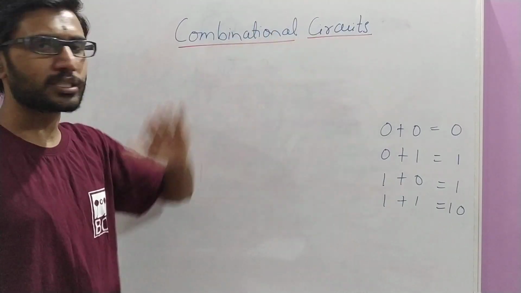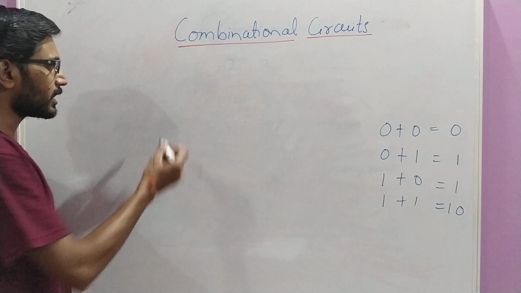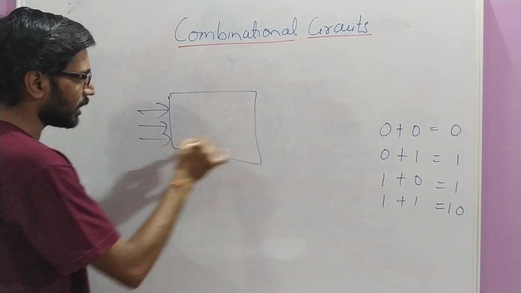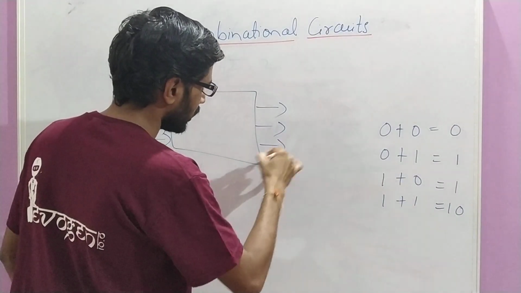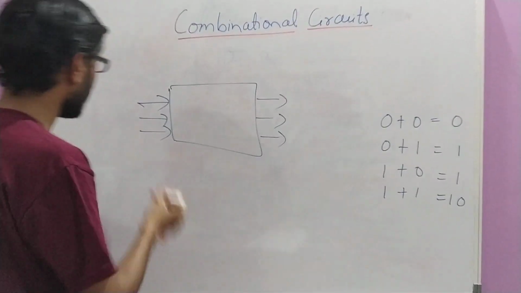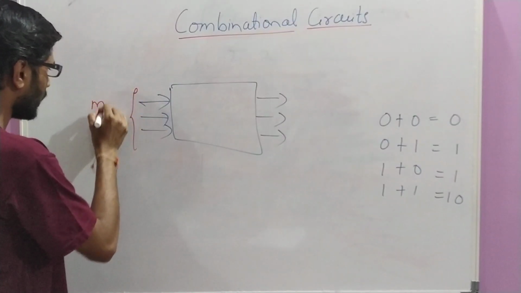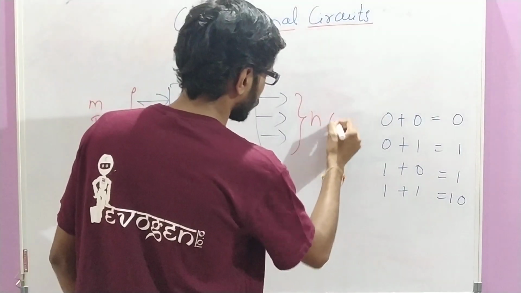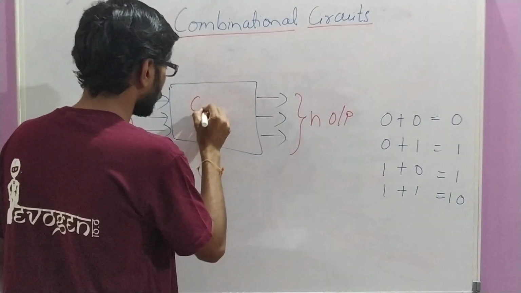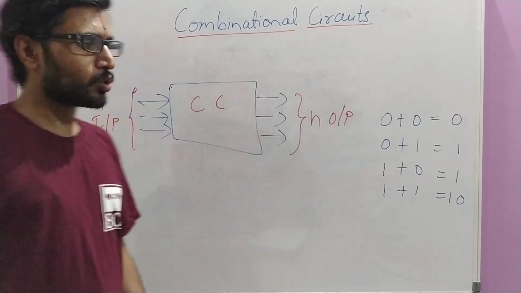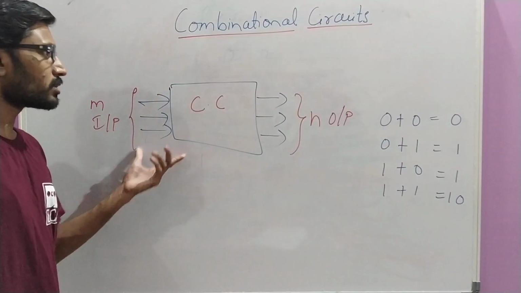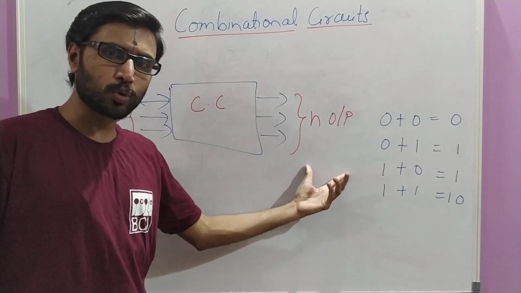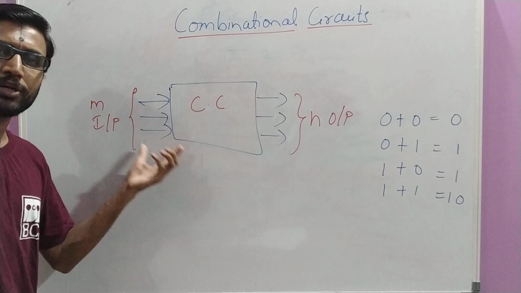In the case of combinational circuits, we know that it consists of some m inputs and some n outputs. Any random variable you can take, and this I can call m inputs, and these are the n outputs, and this is the combinational circuit. In combinational circuits, the output depends only on the current values of the inputs.